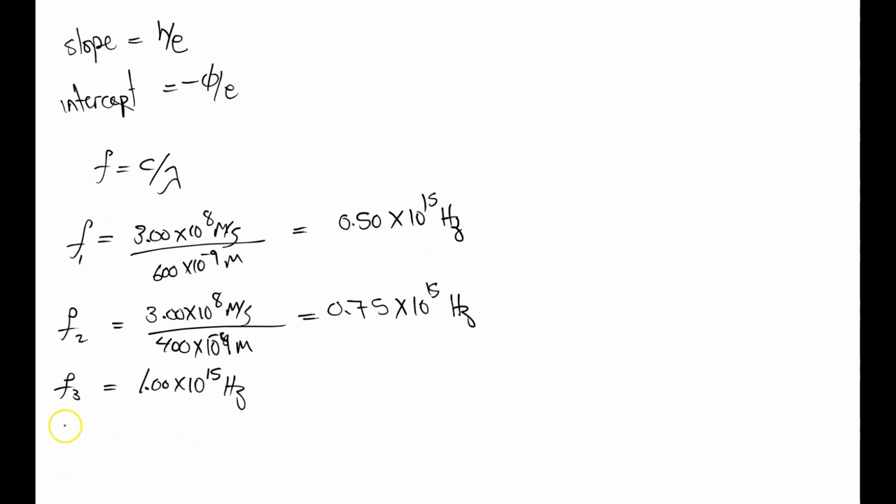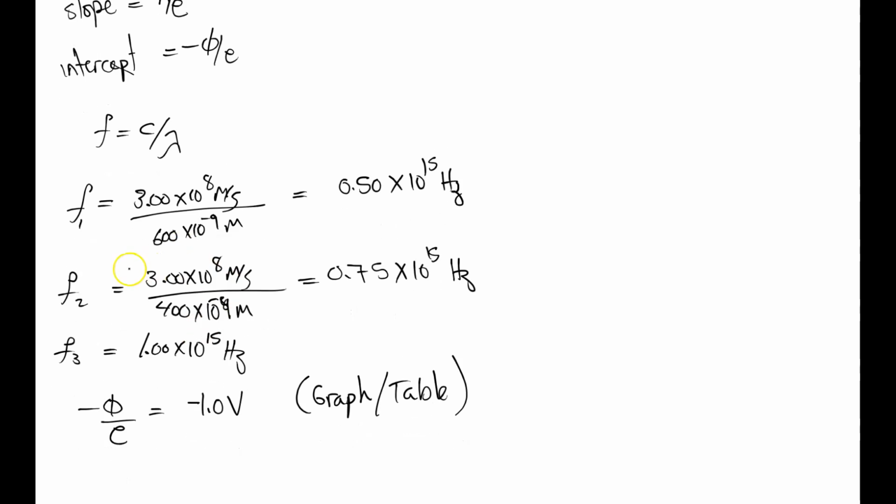So we can say that minus the work function over e then is minus 1.05 from the graph in the book, or we can take a look at a table that gives us the vertical intercept, or we can graph it ourselves and see.